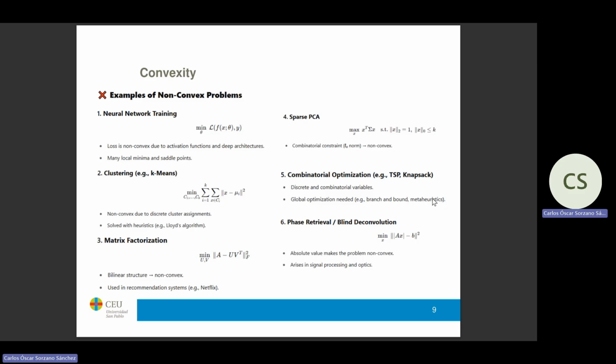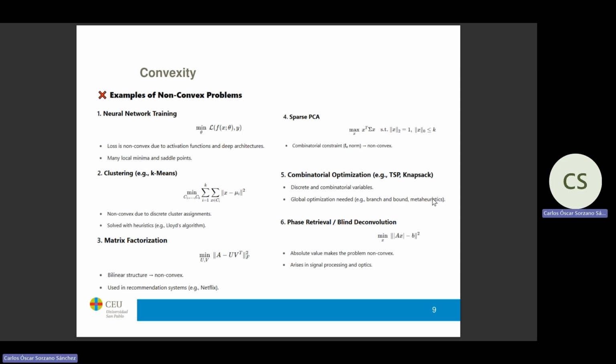And then you have sparse PCA. So let's say that you have a covariance matrix, and you want to find the direction in which this quadratic form is maximum. That is the goal of PCA. And so this is a standard PCA with this constraint.